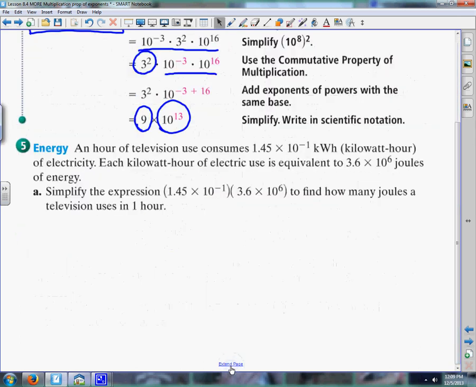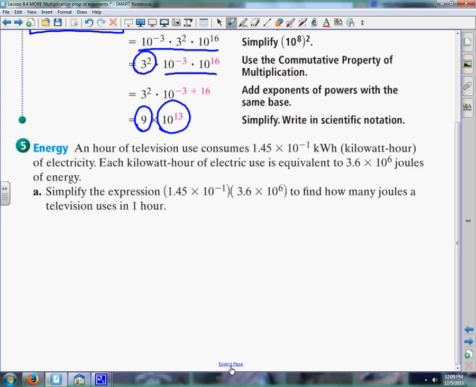So let's try one. An hour of television use consumes 1.45 times 10 to the negative 1 kilowatt hours of electricity. Each kilowatt hour of electricity used is equivalent to 3.6 times 10 to the 6 joules of energy. Simplify the expression to find how many joules of television uses in 1 hour.